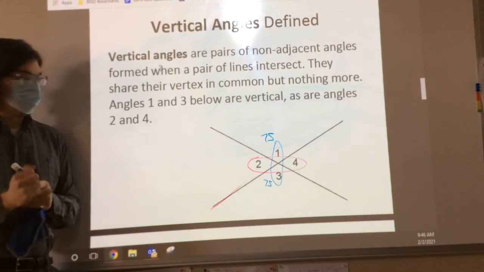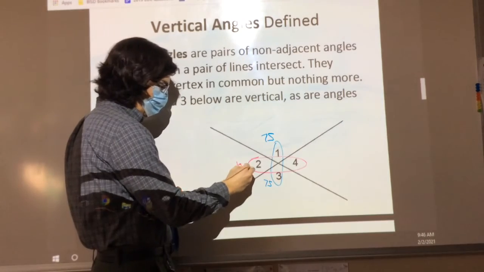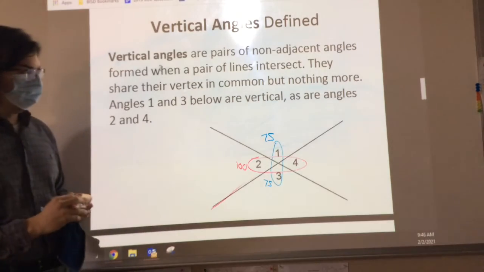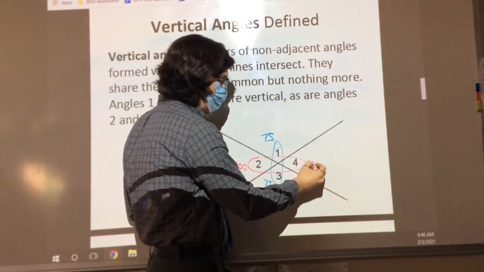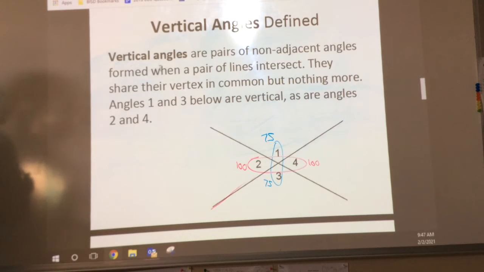And if I were to tell you that 2 equals 100, what would 4 have to equal? Everybody see that? Questions on that? Okay, so we've talked about adjacent and vertical so far.